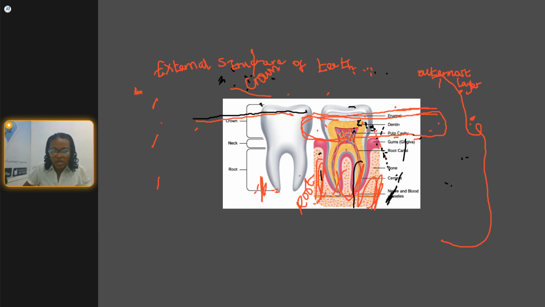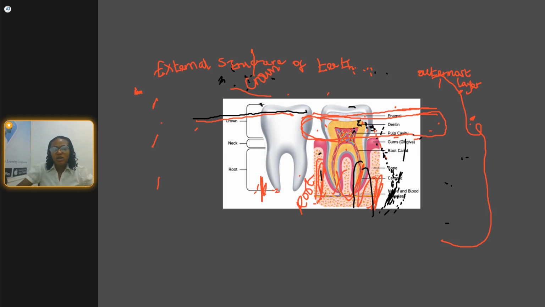This is your root here, and this thing is covering the root. It covers and protects the roots, and we have the nerve and blood vessels here supplying blood. All right, so this is about the internal structure of teeth.